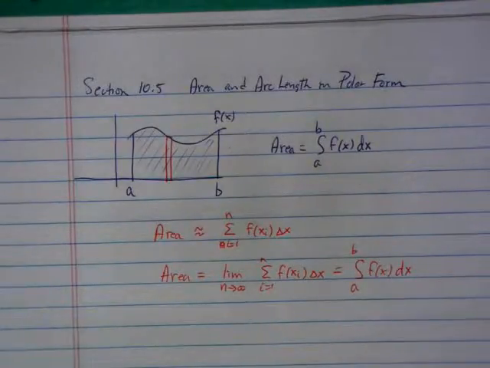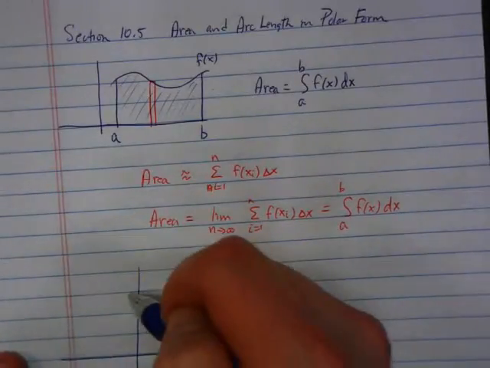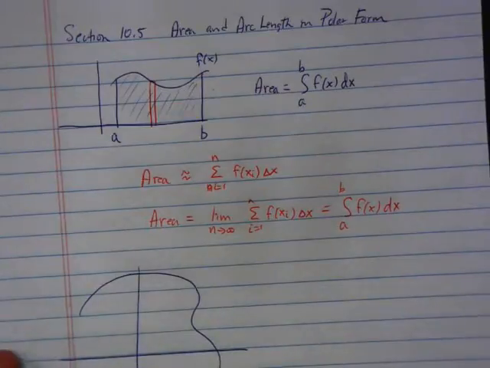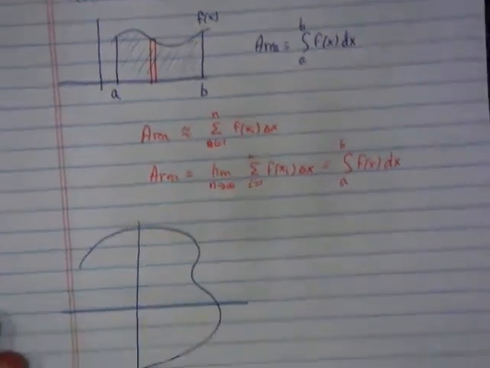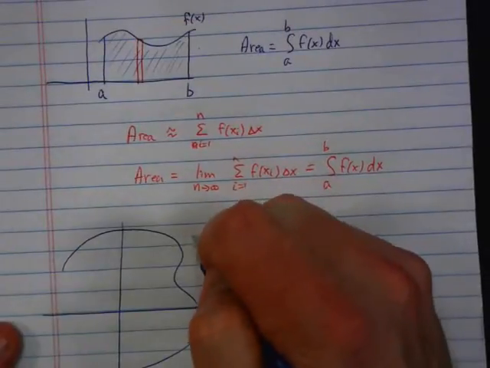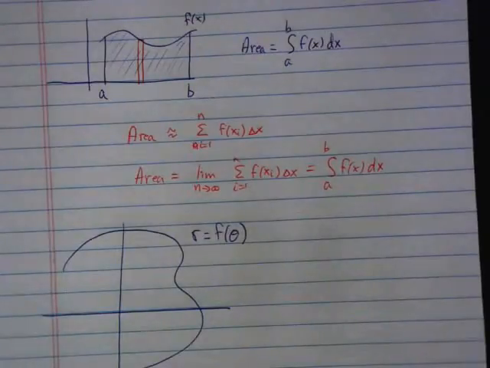What do we do in polar form? Let's say I have some curve. Polar curves are kind of weird sometimes, so it's something like that maybe. This is some curve r equals some function involving theta. Is it going to make sense to build rectangles? Not in polar form. So what do we build?